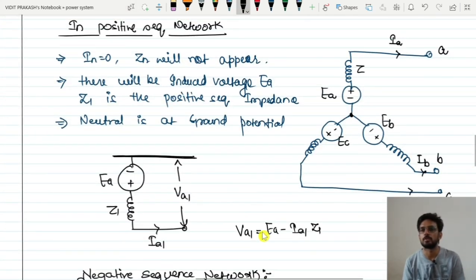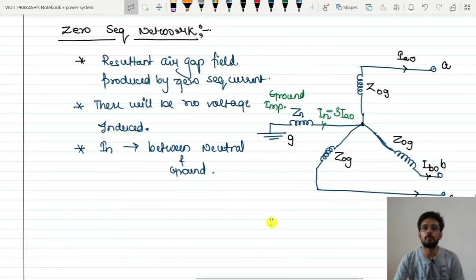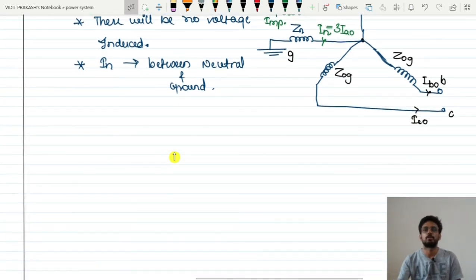Forgot to mention here, this is Z1, and this is the positive sequence current. Now this is how we draw the zero sequence network.